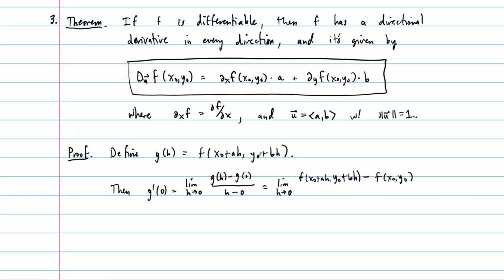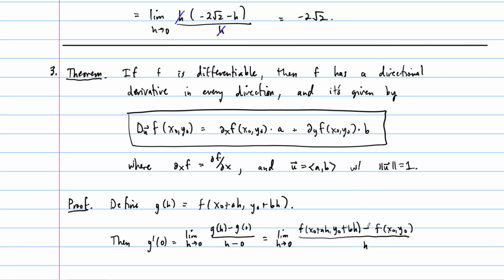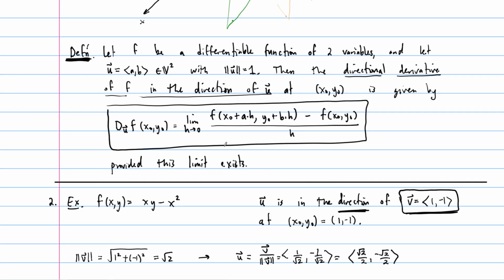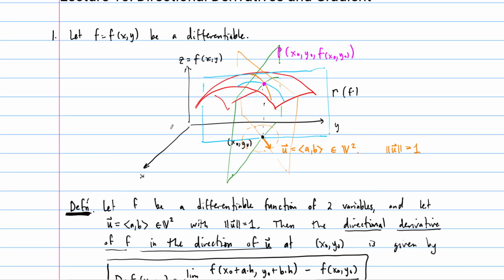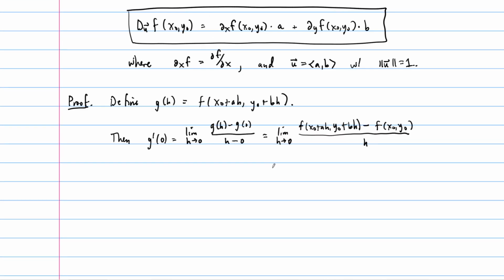If h is 0, those terms are zeroed out. This is all over h, and then we look at this. Well, this is exactly the definition of our directional derivative, right? So g prime at 0 is equal to our directional derivative here. So this is our directional derivative of f at the point x naught, y naught.